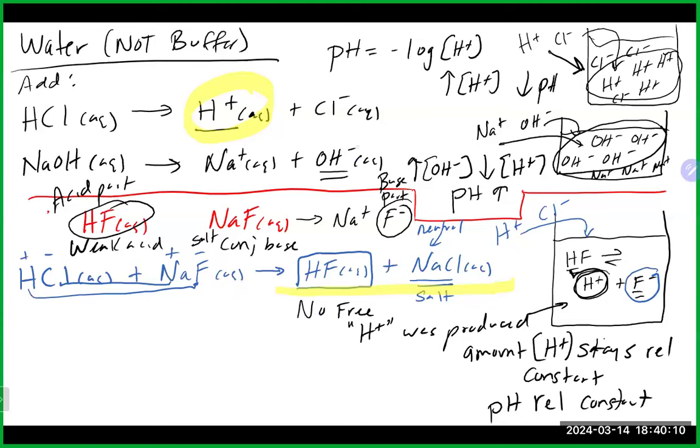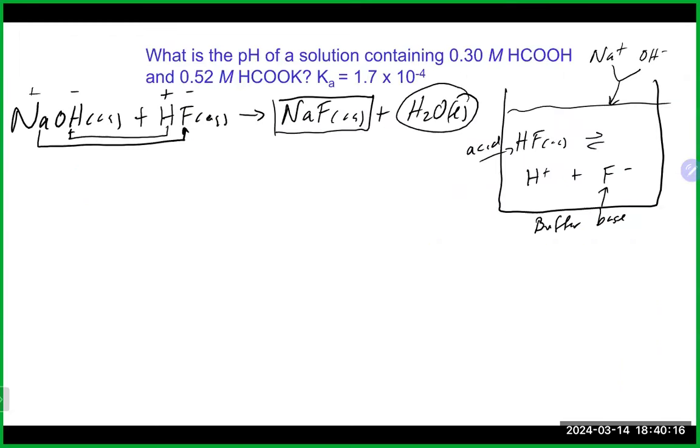When we added the base to water, we produced a lot of hydroxide really quickly. Here, when we added that same base to our buffer, we did not create, put it this way, no free OH minus was produced.